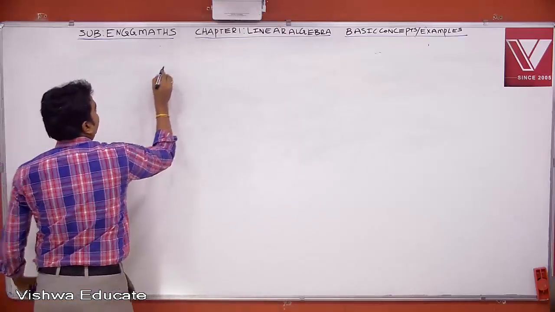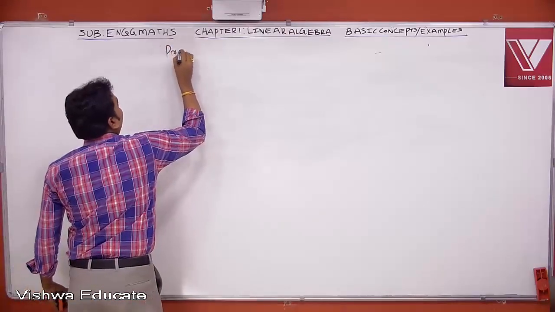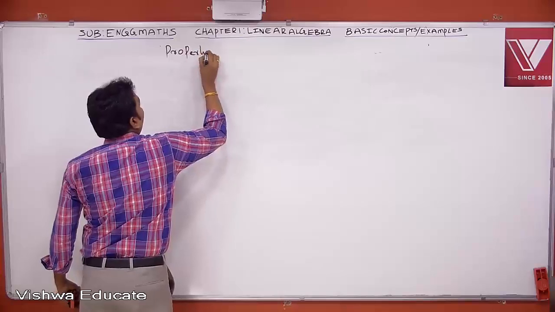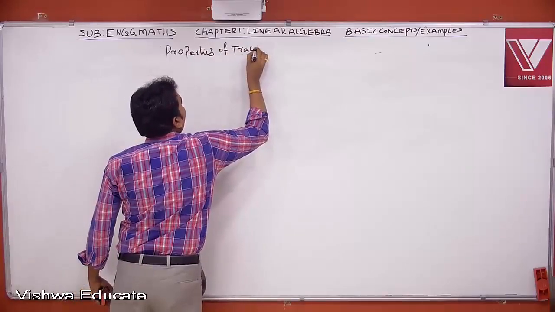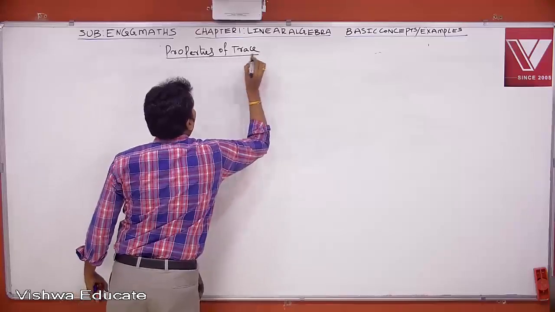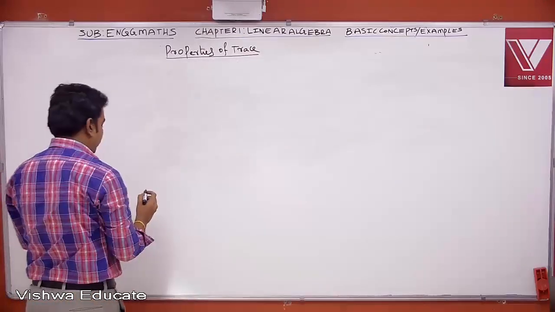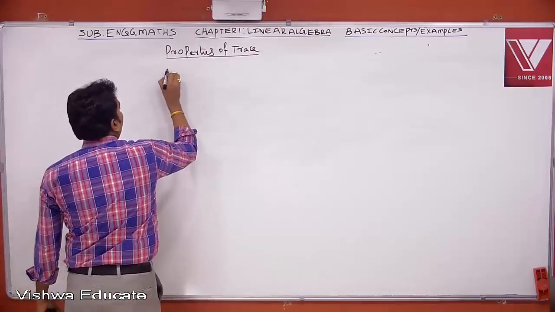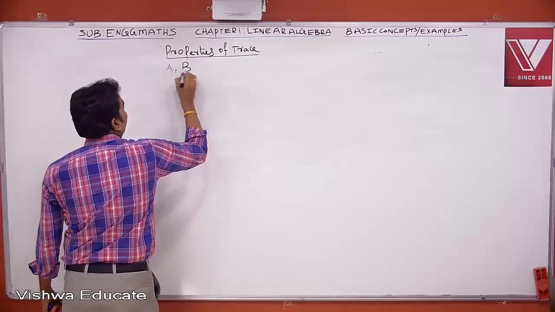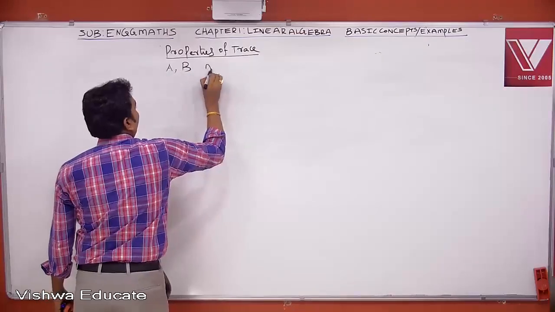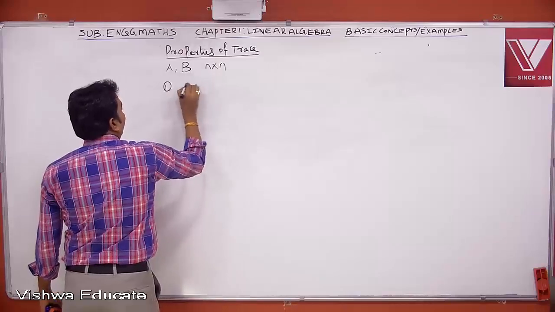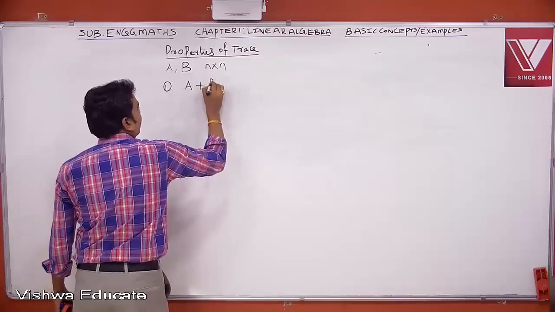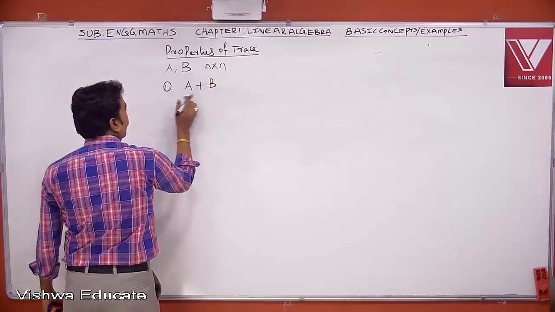The next concept is properties of trace. Suppose A, B are two n cross n matrices of equal size. Then A plus B is possible. Its size is again n cross n.